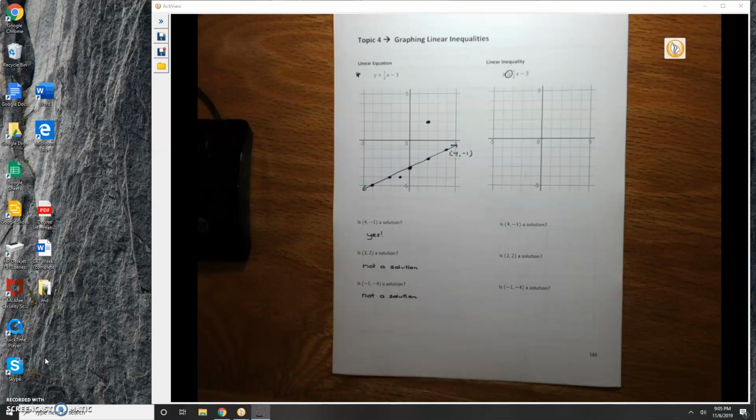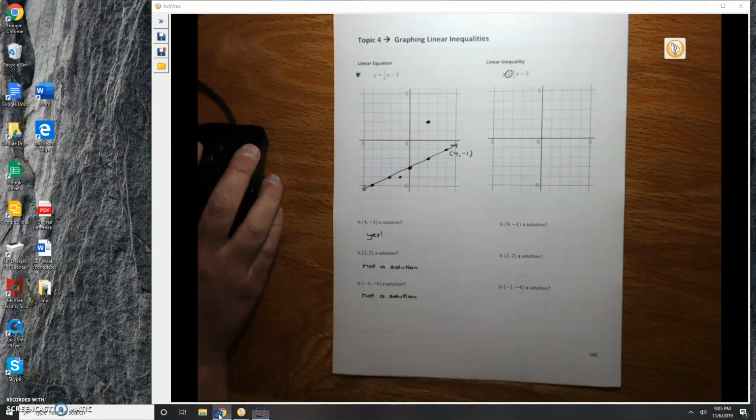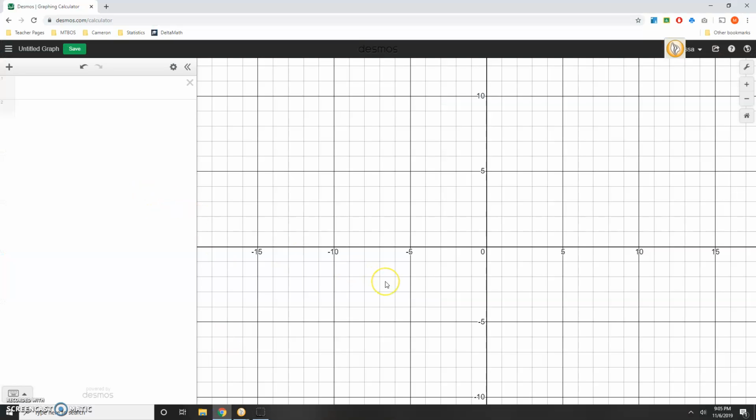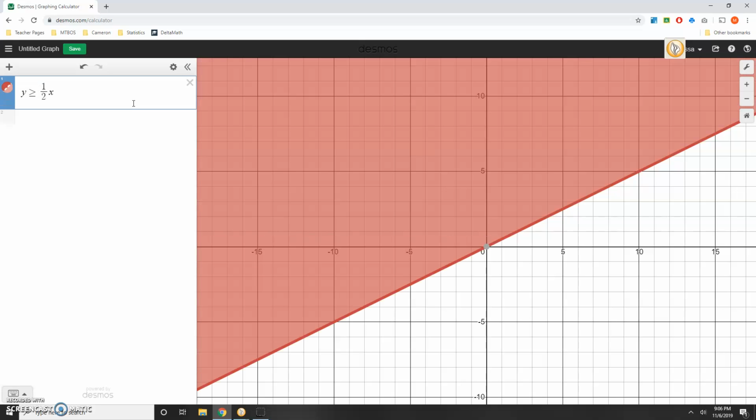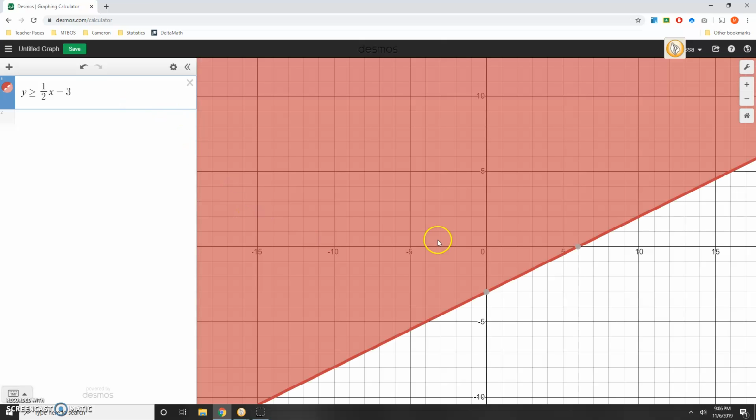I'm going to go ahead and flip over to Desmos here, just to illustrate what we've got going on. So currently, we are looking at this inequality. We have y is greater than or equal to 1/2 x minus 3. And you can see that we have the exact same line here.